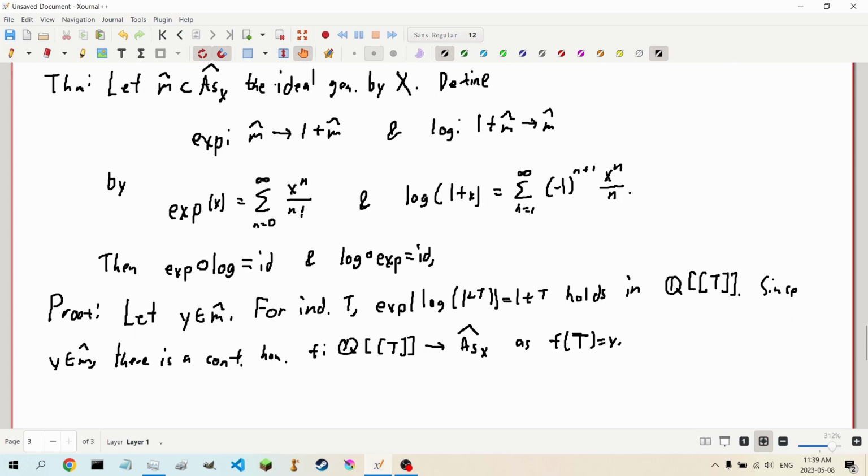And so we can just apply that to our known function that exp log of 1 plus t is 1 plus t, and we get our desired theorem.